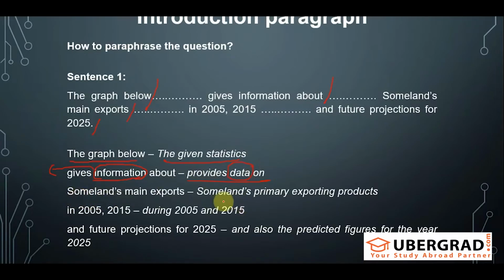Some land's main exports. Instead of main you can use primary, or you can also use the most important exporting products. Exports, they have used exporting products in 2005 and 2015, and future projections. Future projections means predicted figures for the year 2025. So the best way of doing it is to break the sentence into smaller parts.